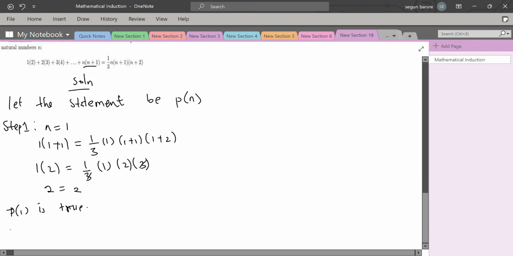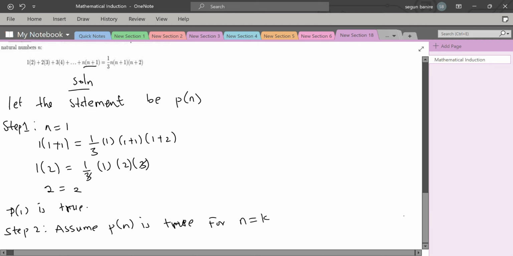So the next thing is step 2, to assume p of n is true for n equals k.